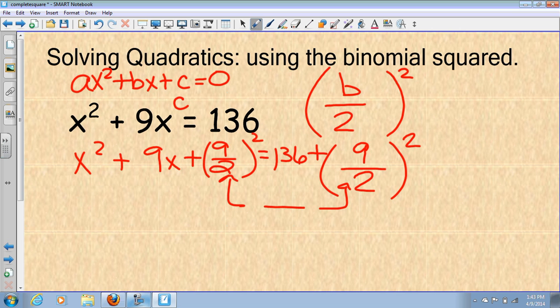This becomes x squared plus 9x plus 81 over 4 if you want to divide it out.